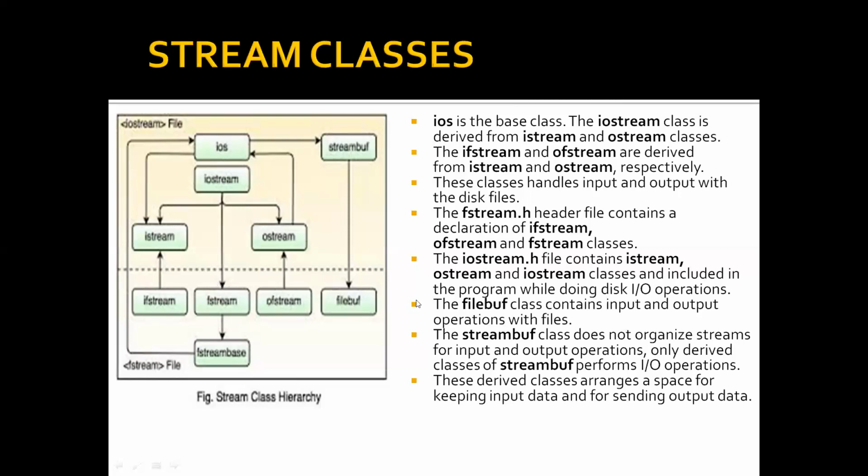That file contains iStream and OStream, which are classes included in the program while doing disk IO operations. When we include this file, we can operate cin and cout, that means input output operations.